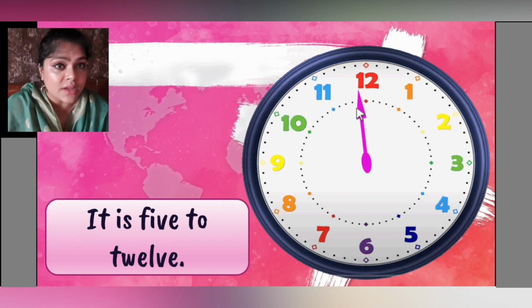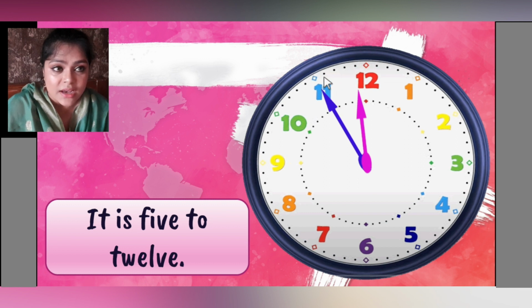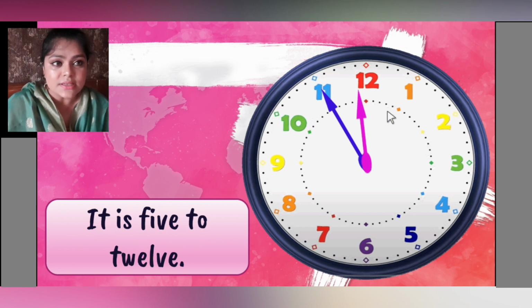How many minutes are left? Only 5 minutes. So the minute hand will be on 11 because only 5 minutes are left for 12 o'clock. The moment it reaches here, the hour hand will also reach 12. So it is 5 to 12. It means 5 minutes left to 12 o'clock.